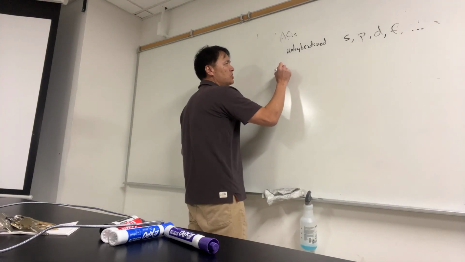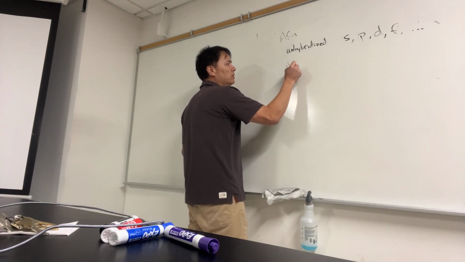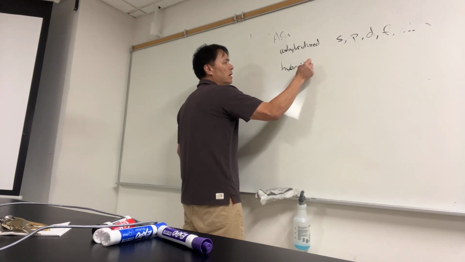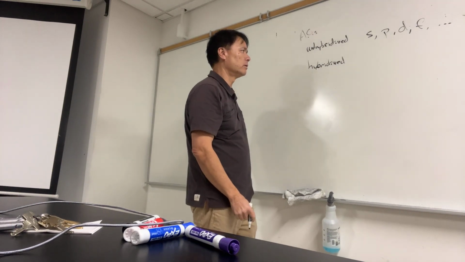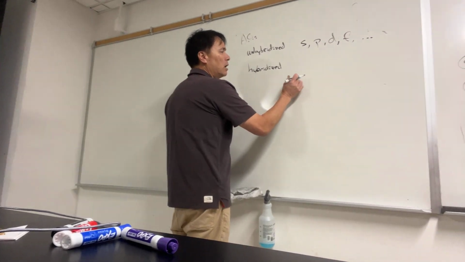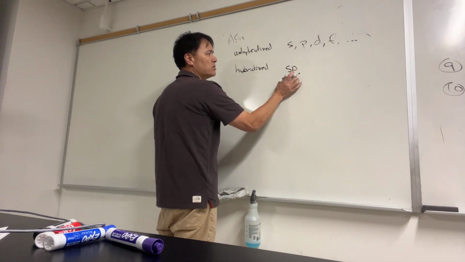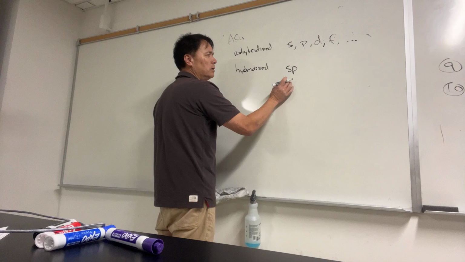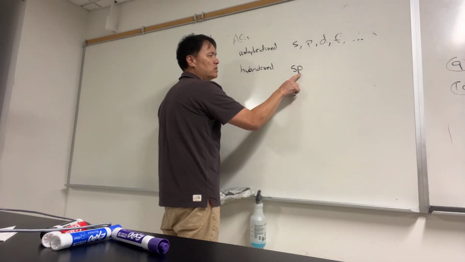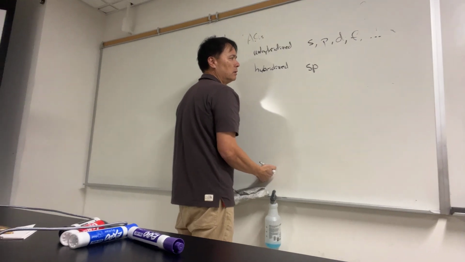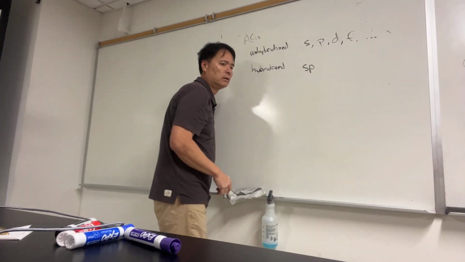But in this chapter, we're going to be introduced to a new set of atomic orbitals called the hybridized atomic orbitals. The hybridized atomic orbitals are going to be combinations. So for example, if we take an S and a P and hybridize those together, we form an sp orbital. An sp orbital takes one part of S and one part of P and mixes those together, and we get an orbital that kind of looks like a mix between S and P. This is called a hybrid orbital.